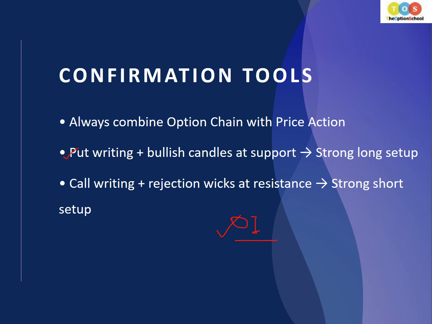For example, if there is heavy put writing on a particular strike and there is a very bullish candle made, or the market has hovered near this very particular strike, suppose this is the strike where we have maximum put OI, the market is hovering here and there but it is not going down, and you see a very bullish candle, let's suppose a Marubozu candle being made here.